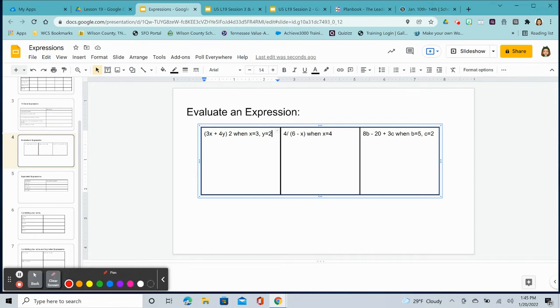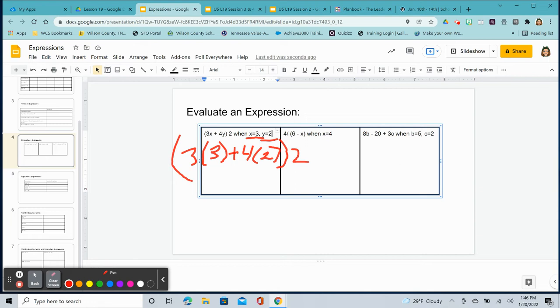Now, before we actually start working with that, we've got to substitute these values of x and y. So 3 is being multiplied times that x value of 3, plus 4 times that value for y, which would be 2. And then we keep that parentheses around with the 2 outside of it.